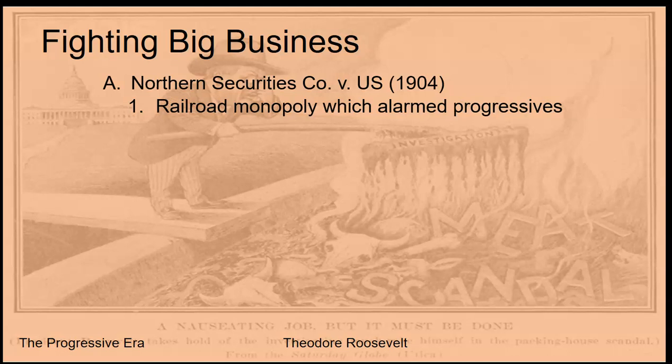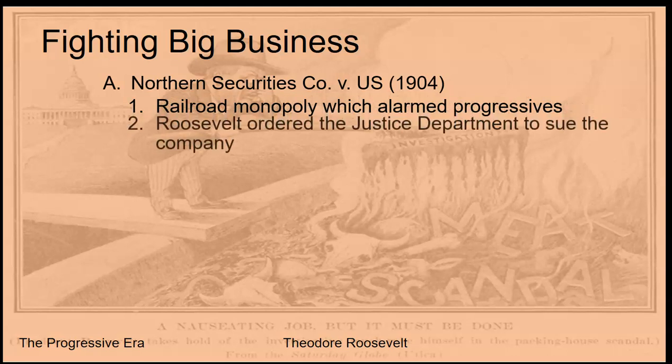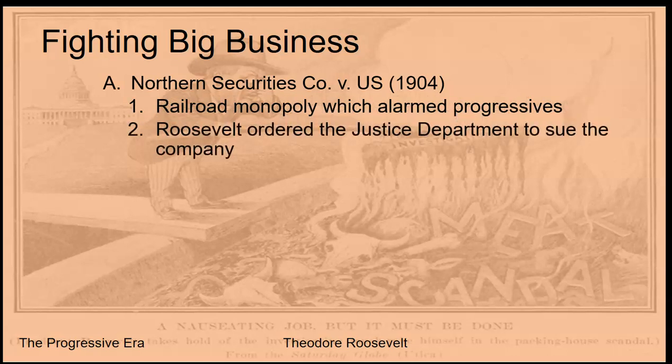The short version is it is a railroad monopoly, and progressives were worried about this because monopolies tend to be bad for the consumers. And they felt that this one railroad company operating in the west of the United States was going to be bad for consumers. Roosevelt felt that it was also going to be bad, and so he ordered the U.S.